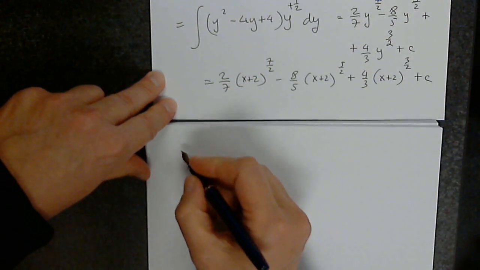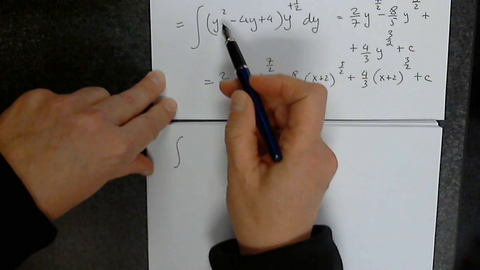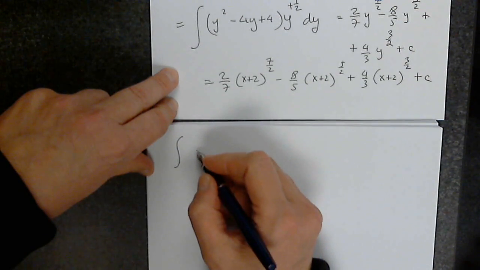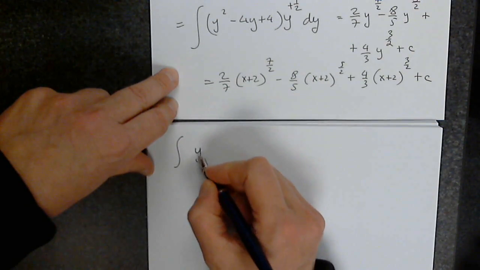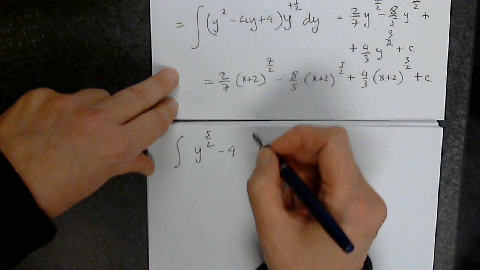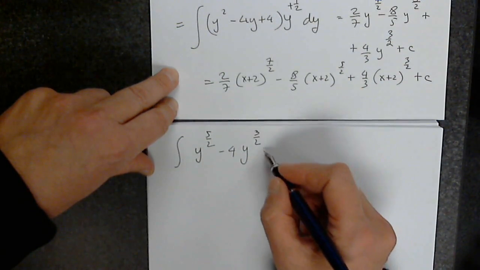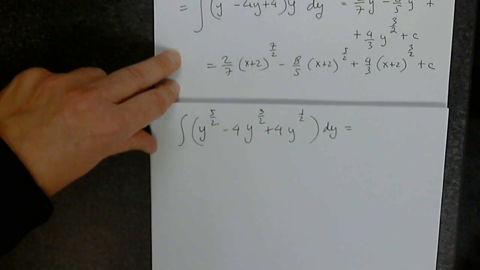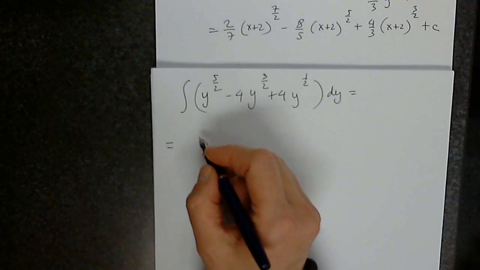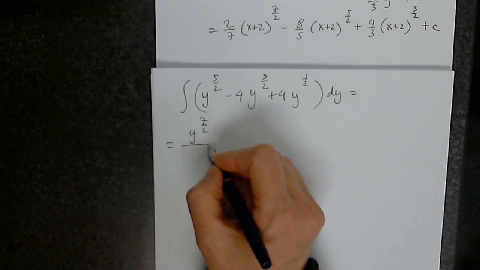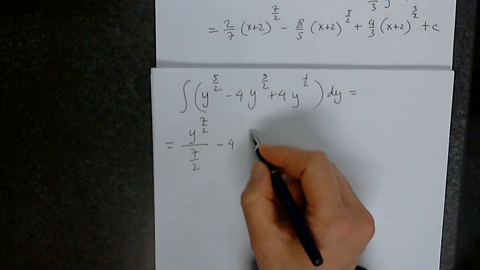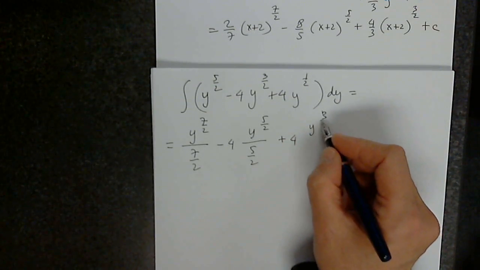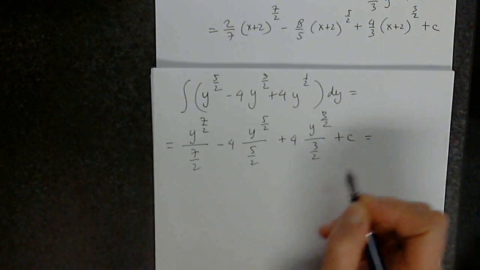Got it, Chris? Okay, so this is the integral of 2 plus 1/2 is 5/2, indeed. So it's y to 5/2 minus 4 y to 3/2 plus 4 y to 1/2 dy. So this is indeed y to the 7/2 over 7/2 minus 4 y to 5/2 over 5/2 plus 4 y to 3/2 over 3/2, plus a constant c.